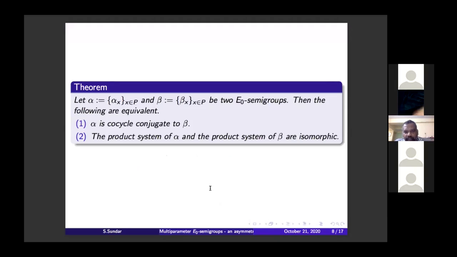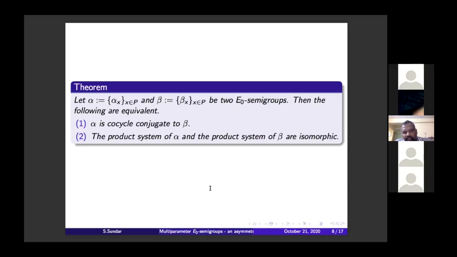Why is the product system important? Because of this theorem due to Arveson. Arveson proved this theorem for the one-dimensional case, but the same proof goes through in complete generality. So that's what I mean by saying that the basic theory stays intact. If you have two E0 semigroups, alpha and beta, they are cocycle conjugate if and only if the associated product systems are isomorphic.